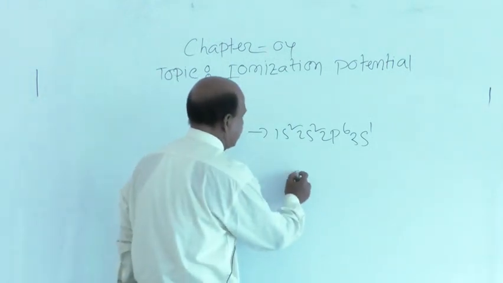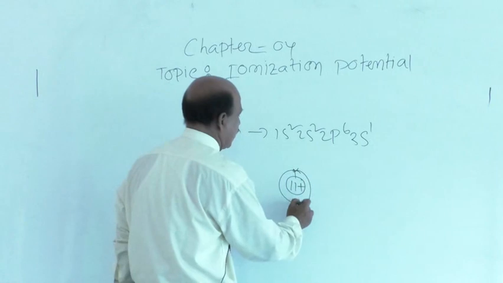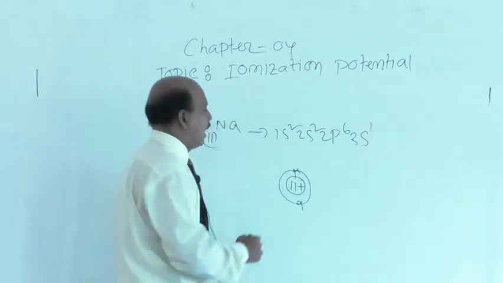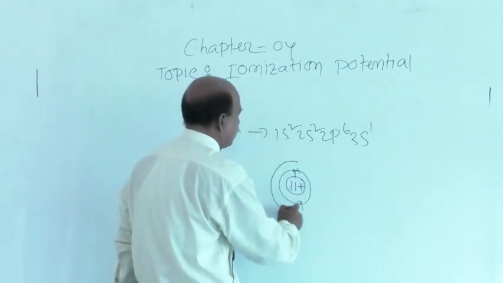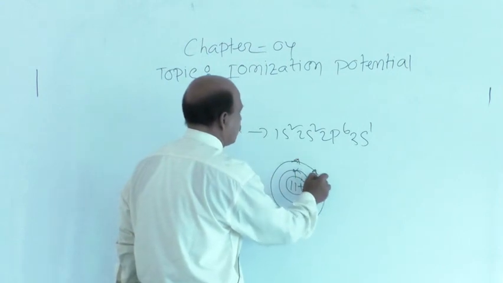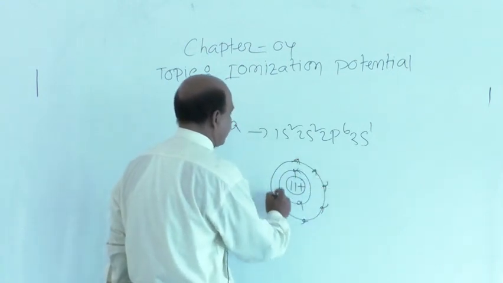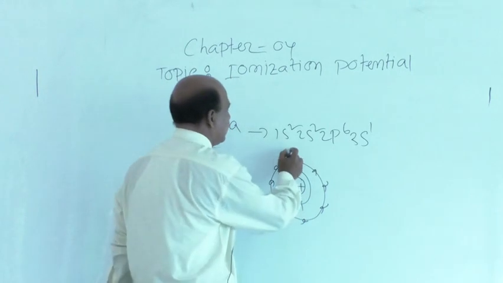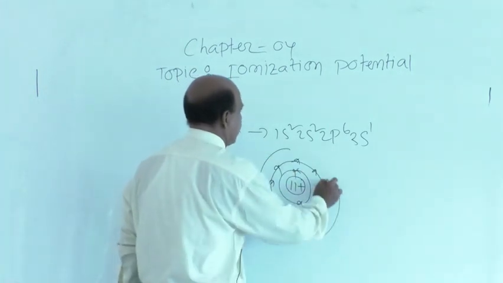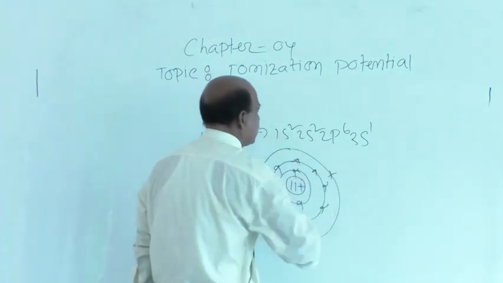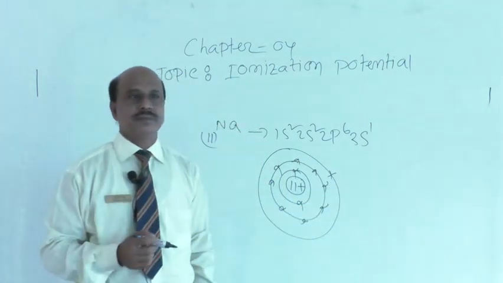In the first energy level there are 2 electrons, in the second energy level there will be 8 electrons, 1, 2, 3, 4, 5, 6, 7, 8, and in the last energy level there will be 1 electron. For this reason, this will be the valence electron.